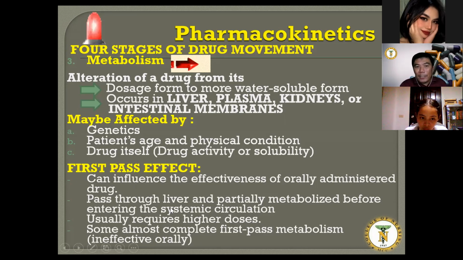Usually the first pass effect happens in the liver, and usually with higher doses of medications, they should pass through this first pass effect process of the liver. And as I have mentioned, it is usually conceptualized that most oral medications have this first pass effect, so they are almost completely metabolized.